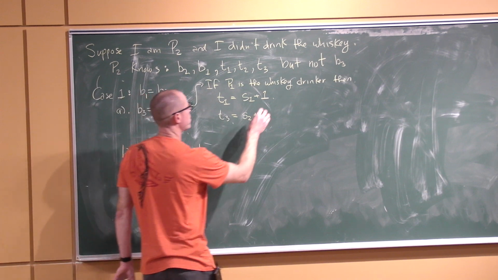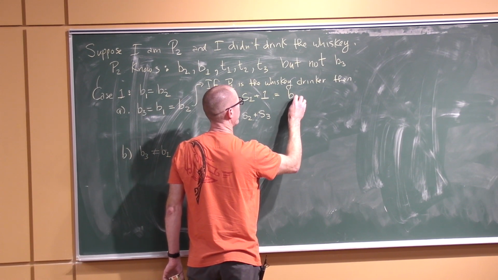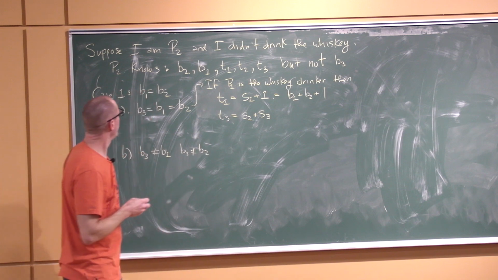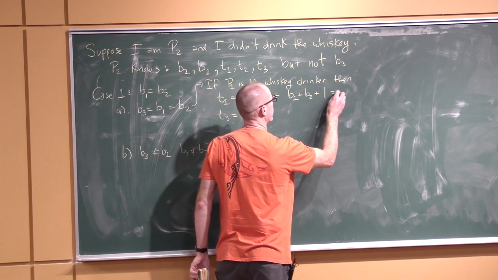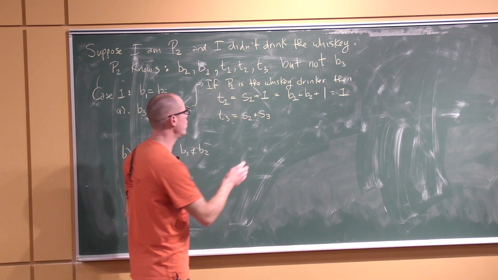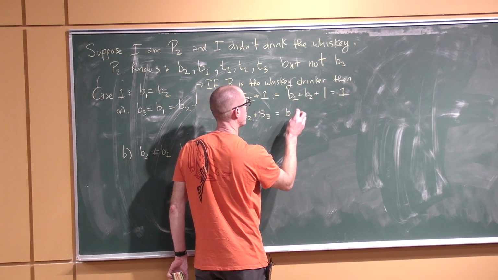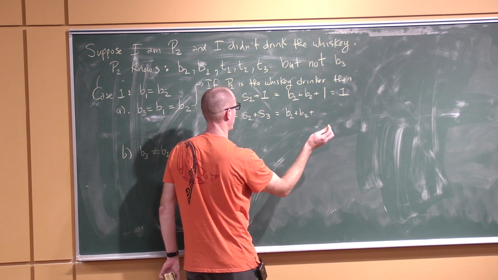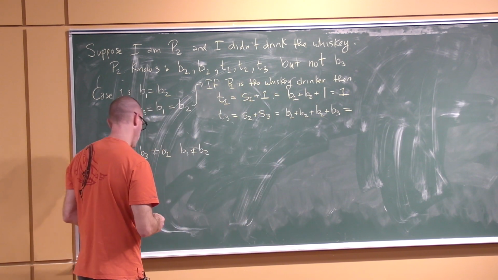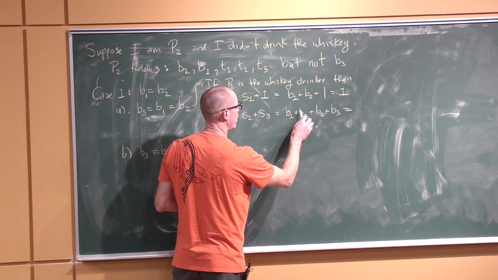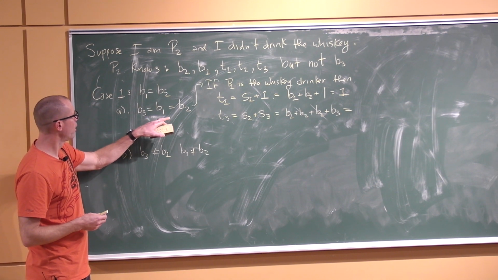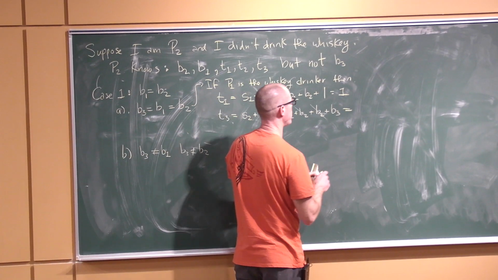Let's expand each of those things. S1 is B1 plus B2 plus 1. But if B1 equals B2, then this is 1. And T3 is S2 plus S3, so that's B1 plus B2 plus B2 plus B3. The B2's cancel out, and B3 is equal to B2, so they see a 0.